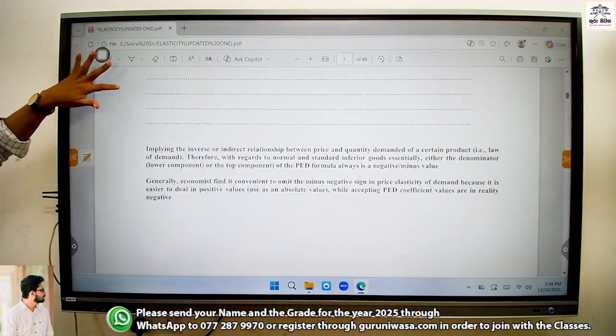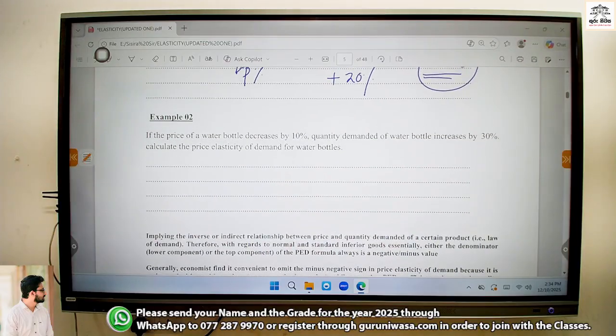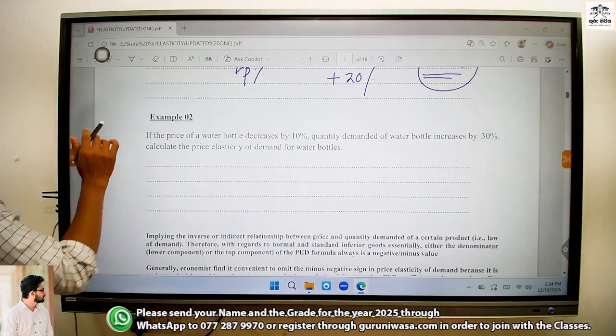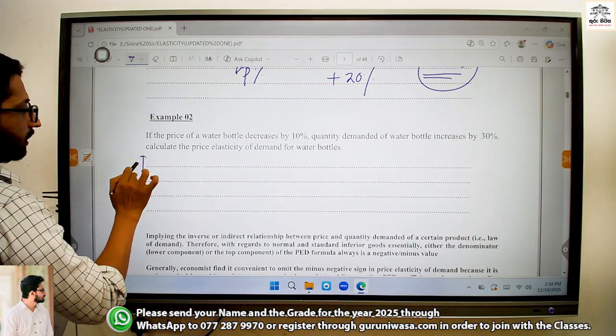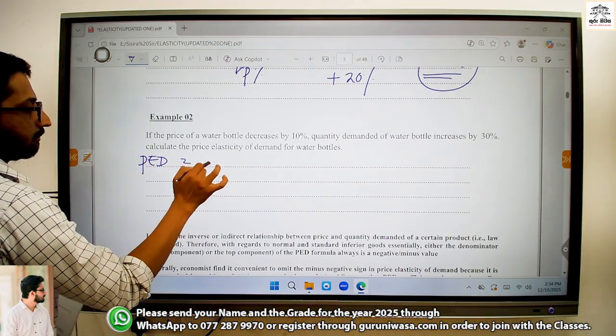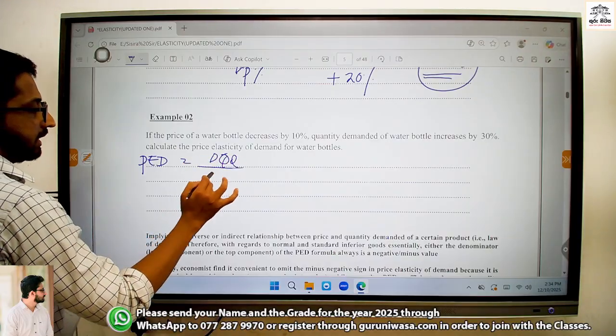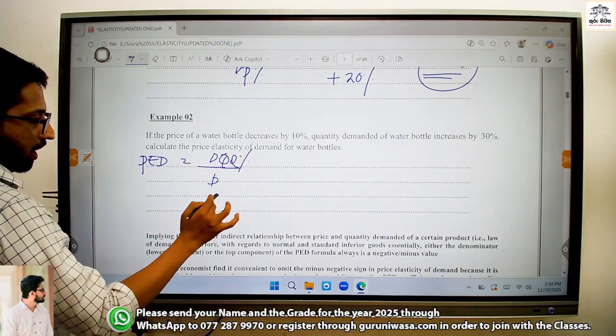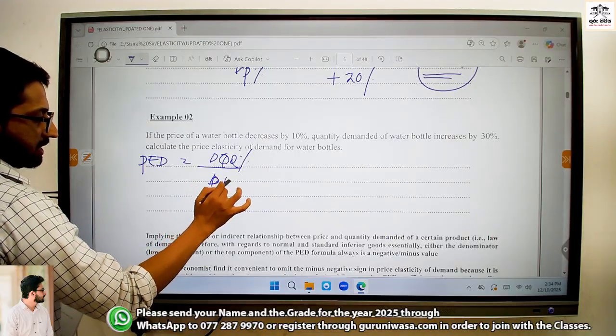Example number 3. PED equals percentage change in quantity demanded divided by percentage change in price.